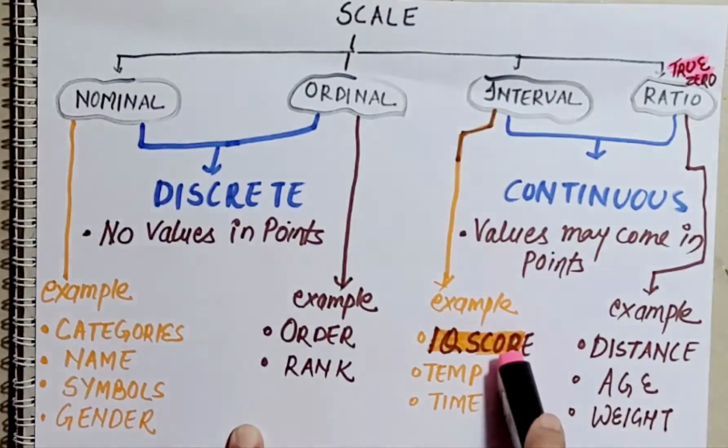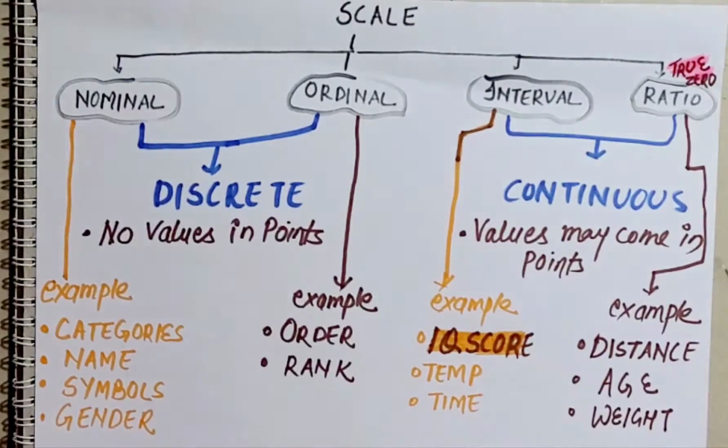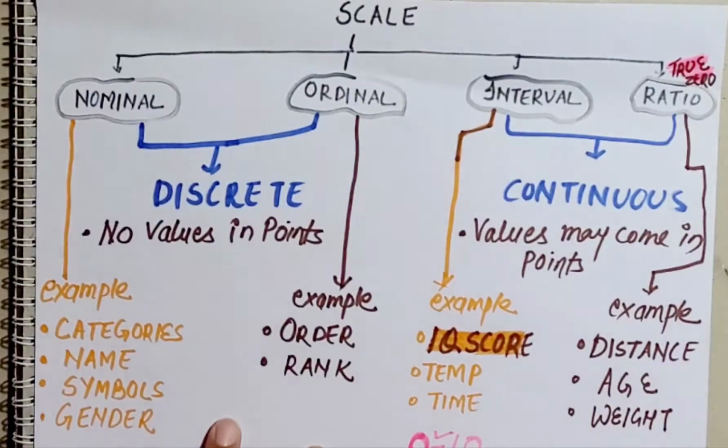Example, when we talk about IQ score, psychologists decide that 0 to 20 will come in this category, 20 to 40 will come in this category. So what is 0? If any psychologist or scientist says 0 to 10, can you think that any student can have 0 IQ score? No. So here it means the 0 is not a true 0.